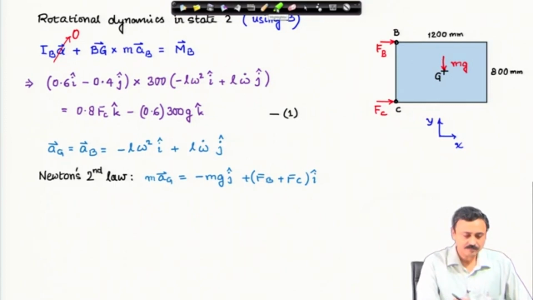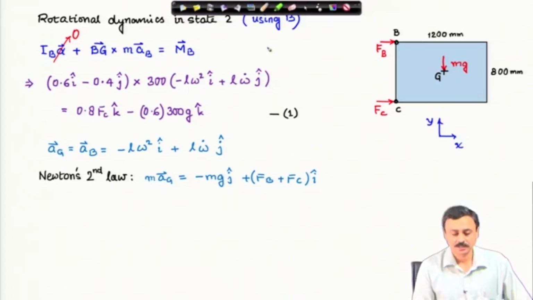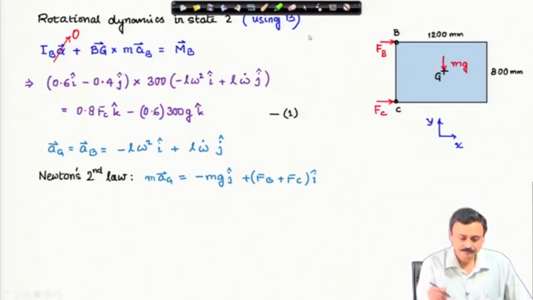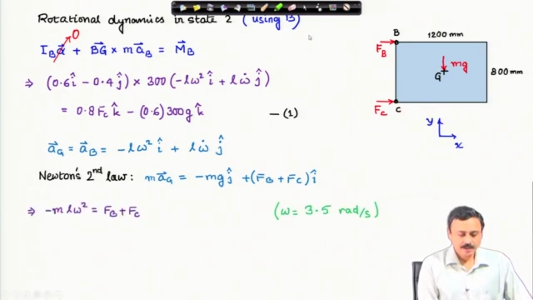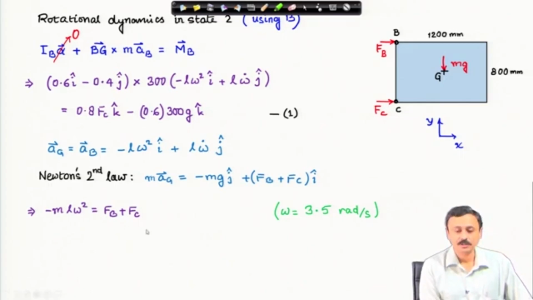If I put in the expression of acceleration of g, which is same as acceleration of b, into this equation on the left hand side, and look at the terms, the I cap equation gives me minus m L omega square is the sum of the two forces, hinge forces.